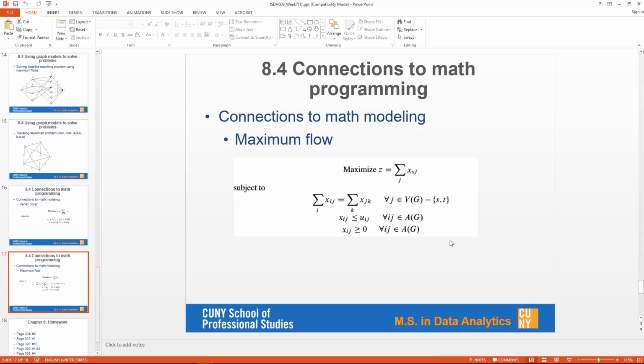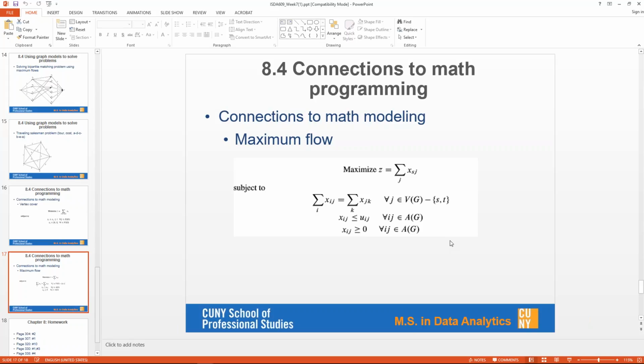So, and then maximum flow is also a math programming problem. Here we maximize the flow between S and T. And one of the constraints, the first one, is called conservation of flow.